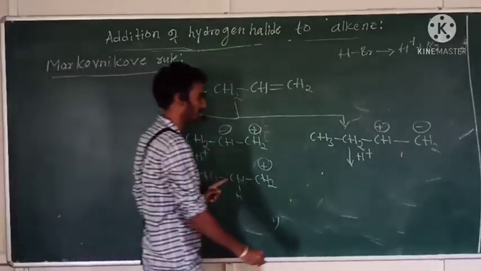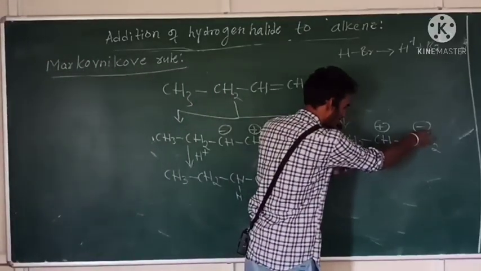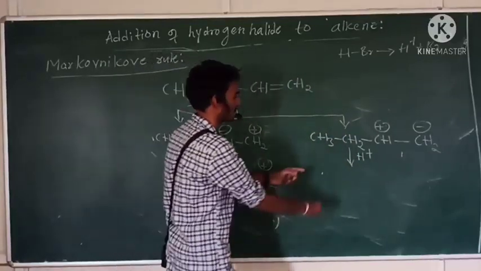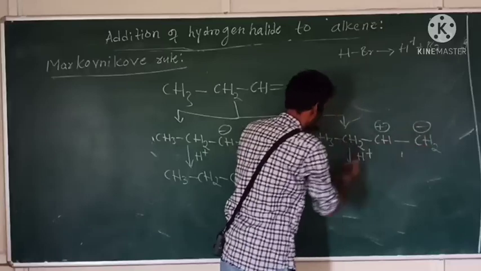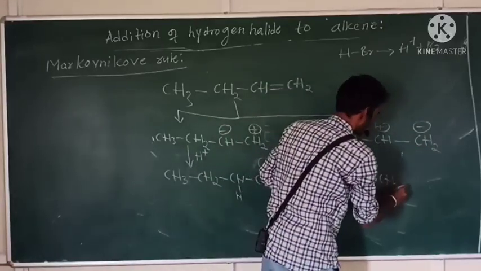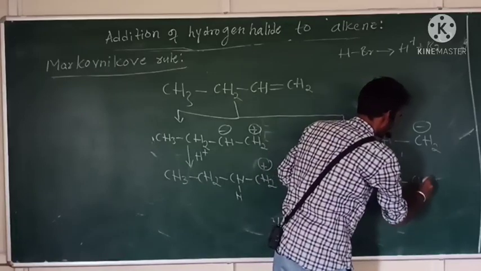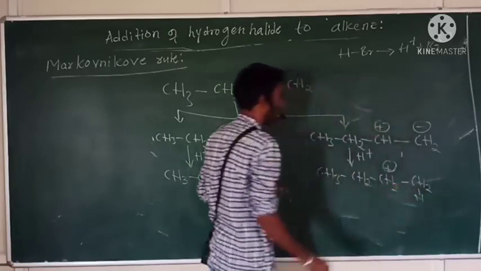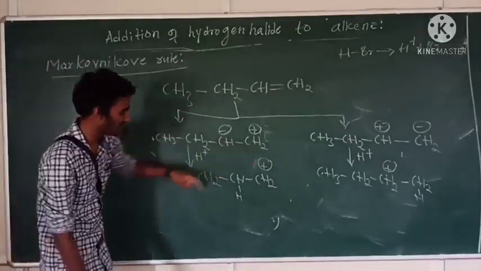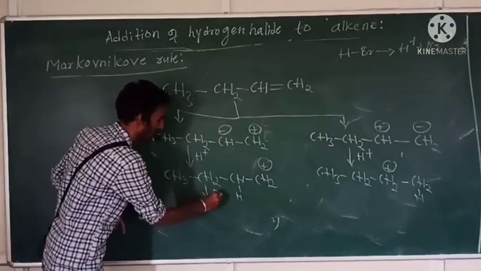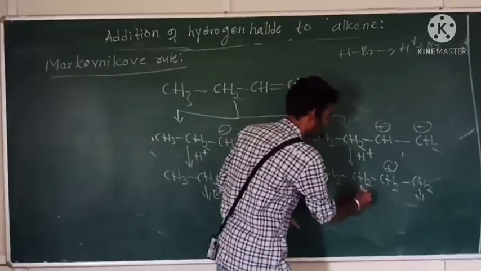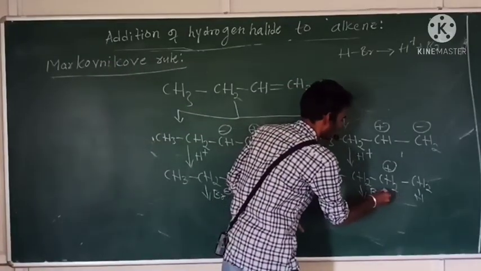Another is the negative part, so H plus is added to this side, giving CH3 CH2 CH positive CH3. Next, addition of the negative part towards the carbocation. Br minus is added to this carbocation and Br minus is added to this carbocation.